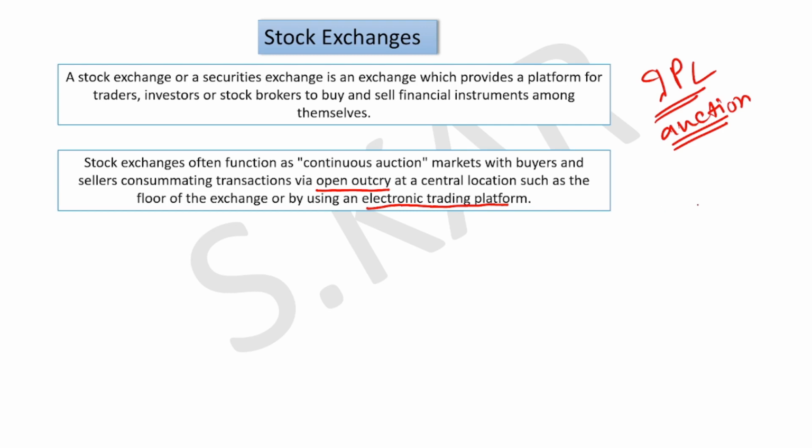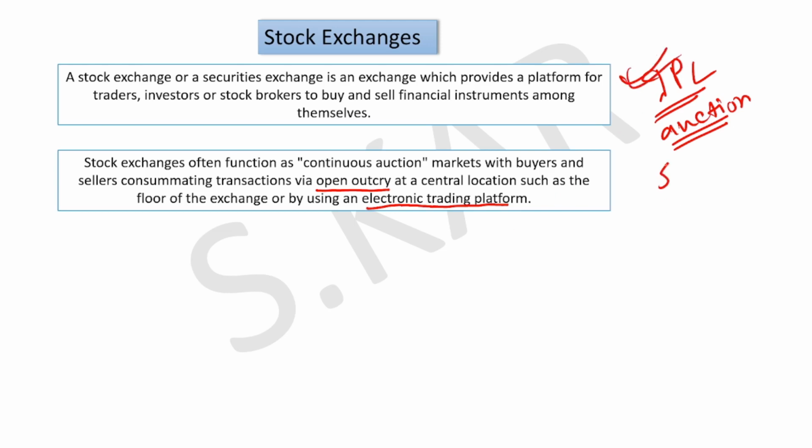What happens in an auction? The bidding happens, right? So previously, when there was no electronic system, no digital system, no mobiles, no internet, the buyers or the investors used to go to the stock exchanges physically, and they used to perform an auction for shares, like you see in the IPL auction.